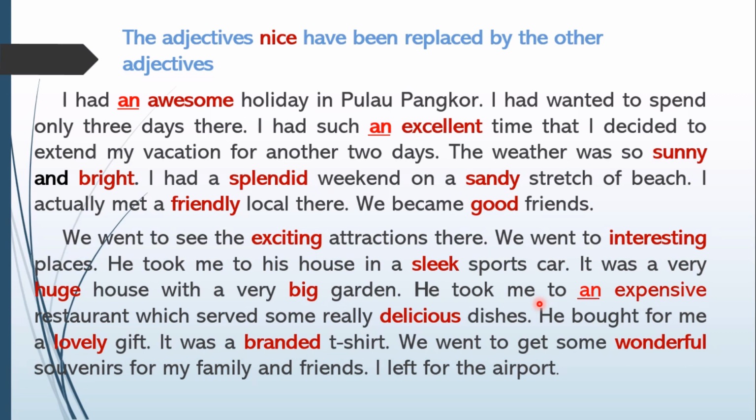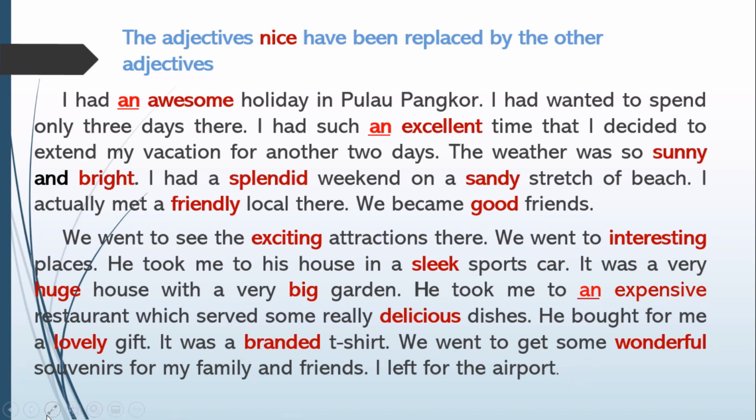We went to get some wonderful souvenirs for my family and friends, and I left for the airport. Okay, so now you see the different adjectives that you can use to replace the adjective nice, which was given earlier. Okay, can you see the difference? It is more impressive, it is more interesting, rather than just being plain nice.